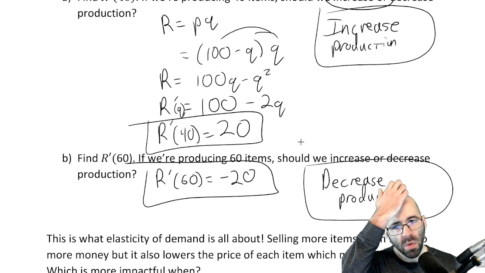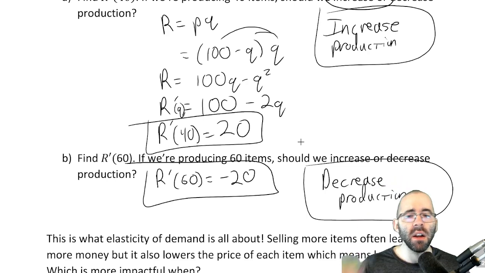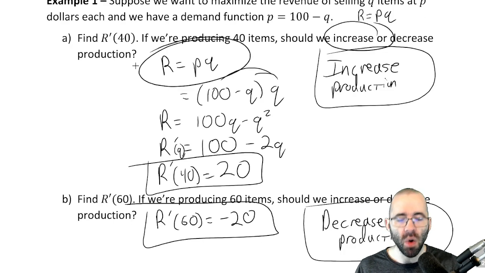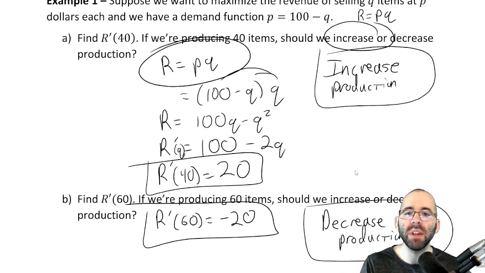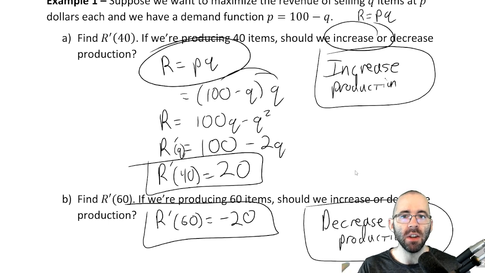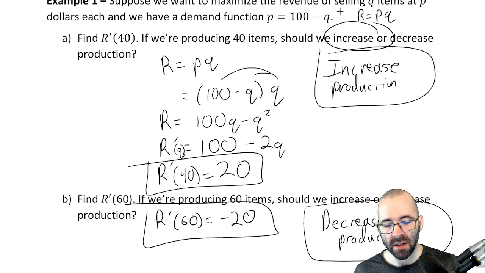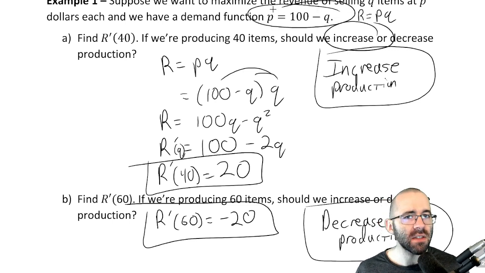So what we have is revenue is price times quantity. So you would think increasing production, increasing the quantity, would increase our revenue. But the problem is the price also depends on how much we're producing.